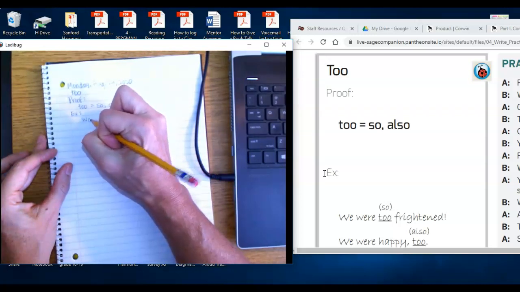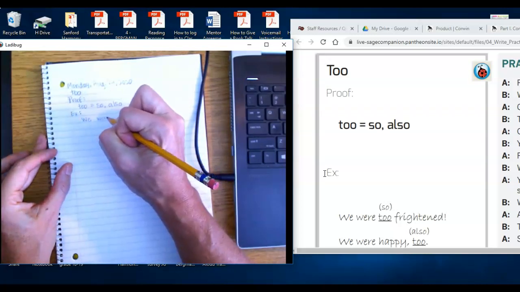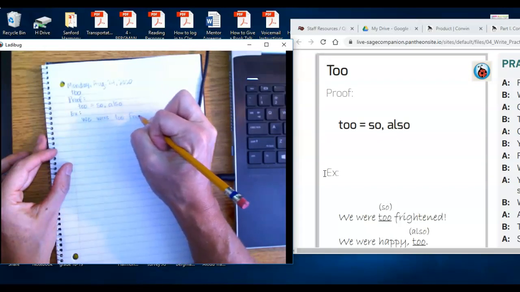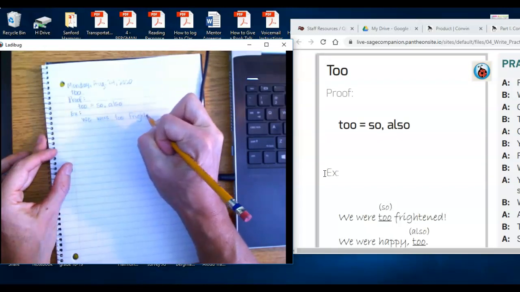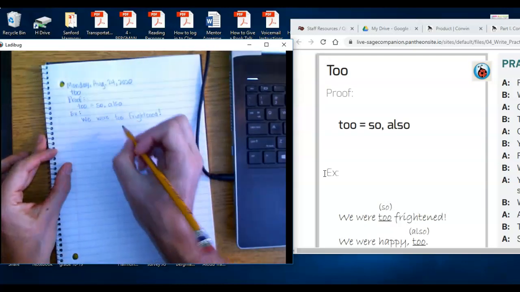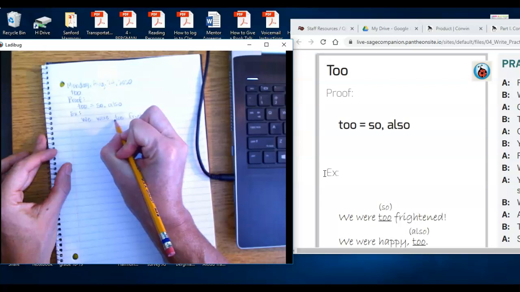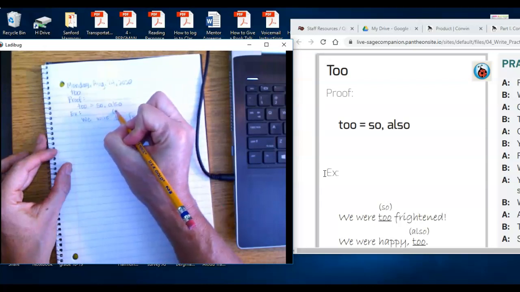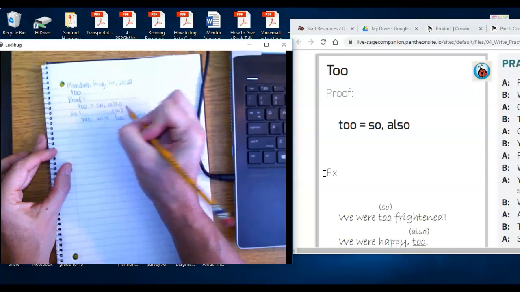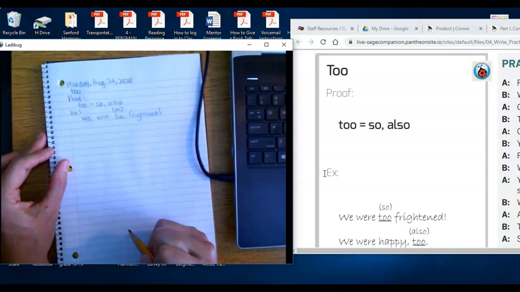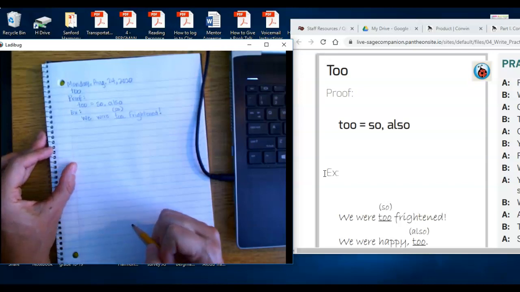So we were too frightened! And remember, to prove that word, you're going to underline the word that you're going to prove. And then up above, we said that so was our proof word, meaning we could substitute the word so in the sentence to make sure we use the correct form of the word to.